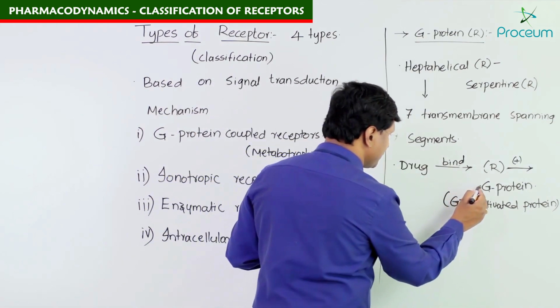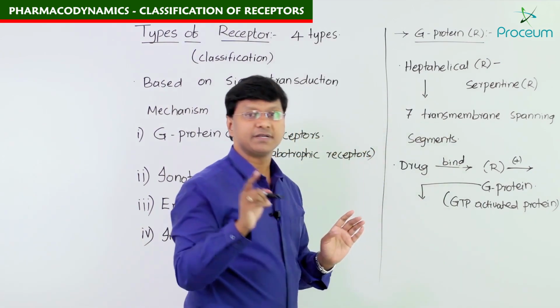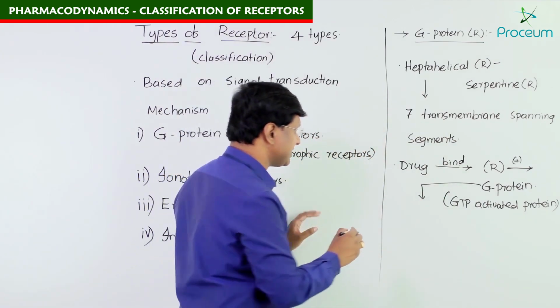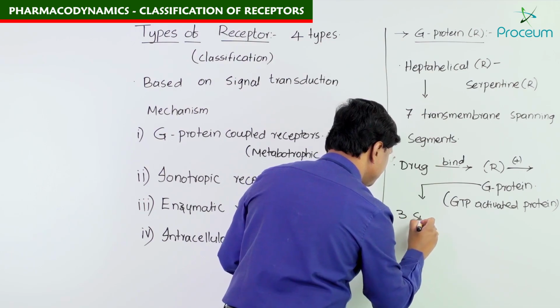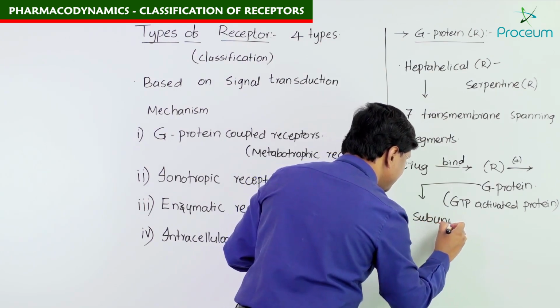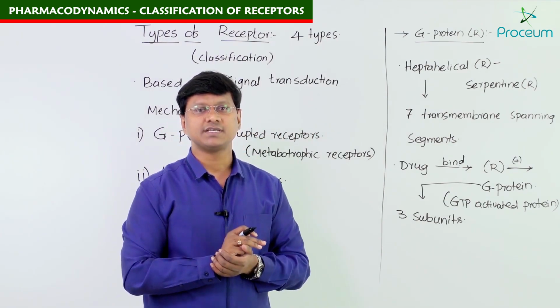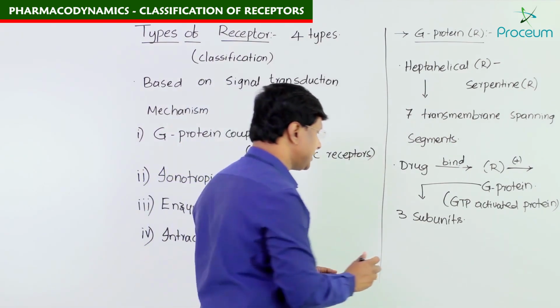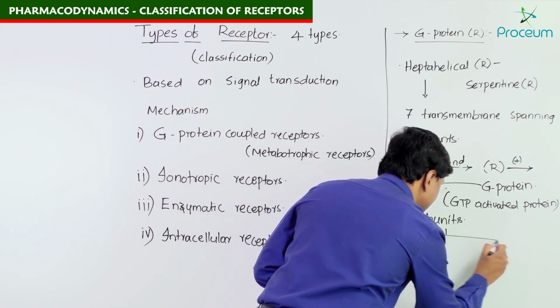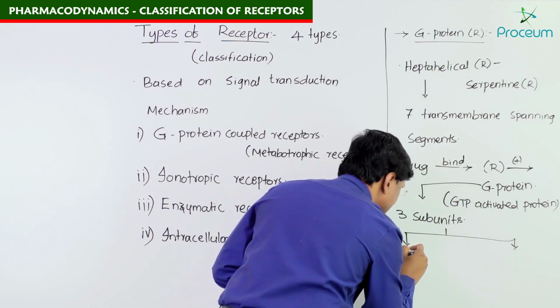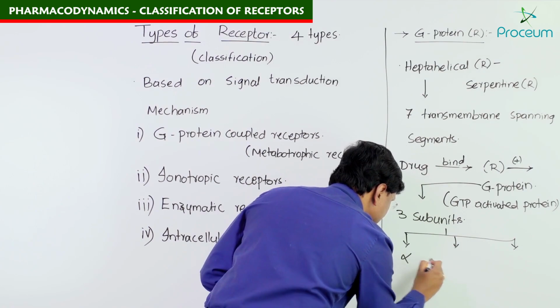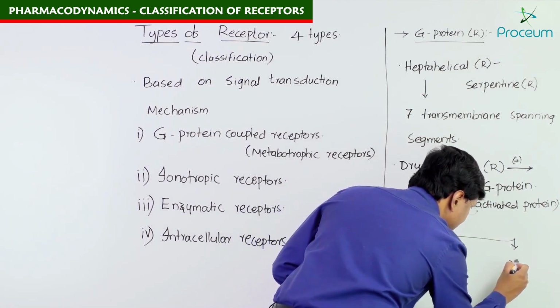Now take this G protein. Remember, this particular G protein has 3 subunits. What are those 3 subunits of the G protein? They are alpha, beta and gamma.